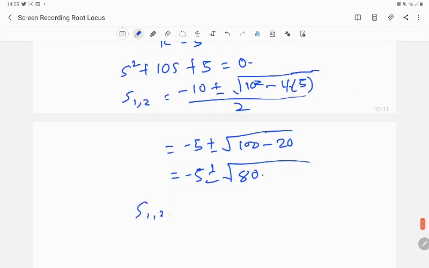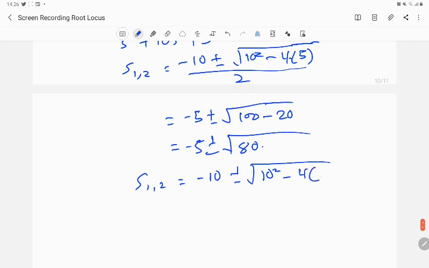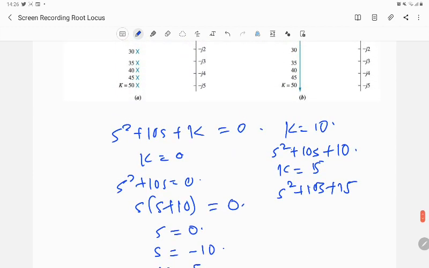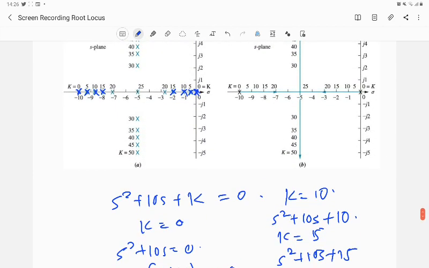So s1,2 equals minus 10 plus or minus the square root of 10 squared minus 4 times 15, all over 2. Is that what we get?